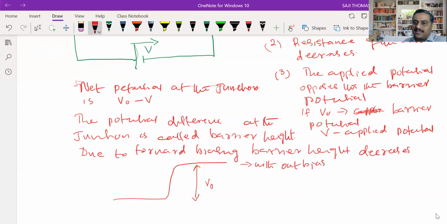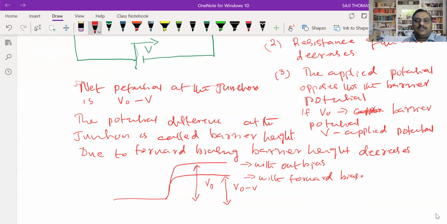Now with the bias, when you apply a forward bias, the potential difference will be decreasing, this one. This is the effective potential at the junction, V0 minus V, with the forward bias.